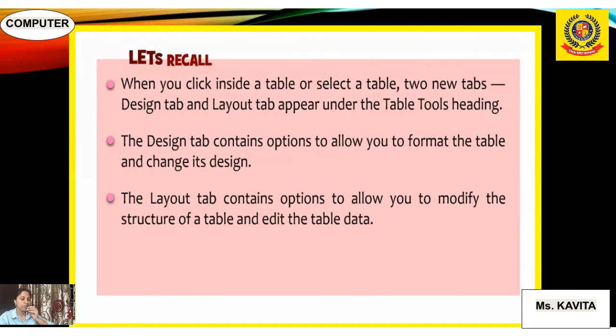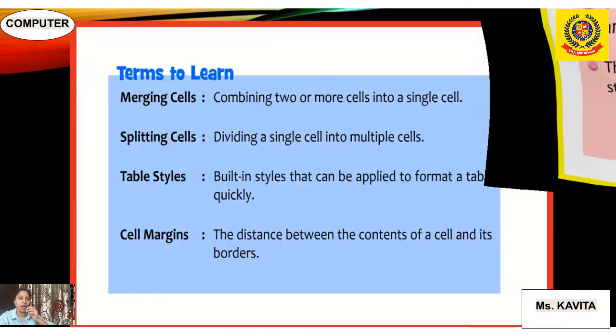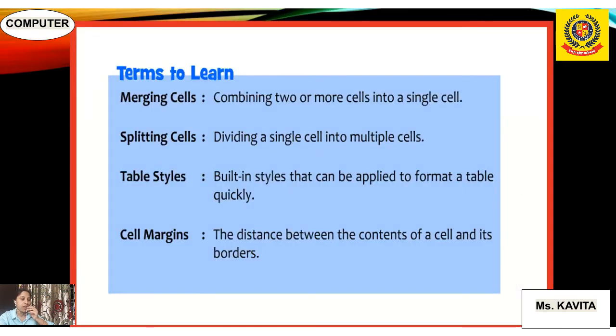Terms to learn. Merging the cells: combining two or more cells into a single cell. Merging means combining two or more cells into a single cell. Splitting cells: dividing a cell into multiple cells. Table styles: built-in styles that can be applied to format a table quickly are known as table styles.